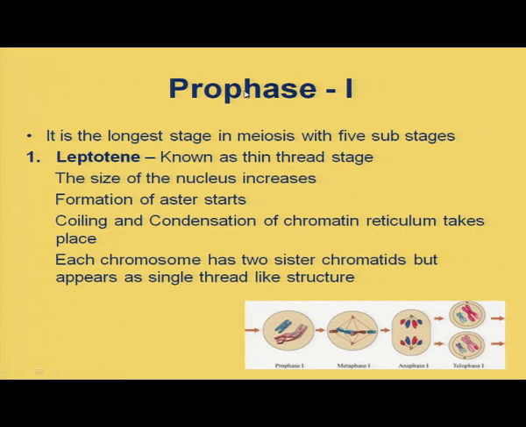So, first Meiosis-I, that is the first division, in which the nucleus will divide first. That division we call Meiosis-I, the first nuclear division, and it has different substages. What are the different substages?